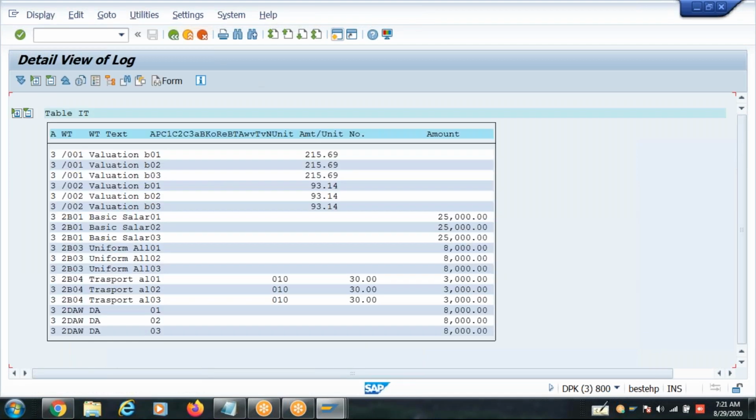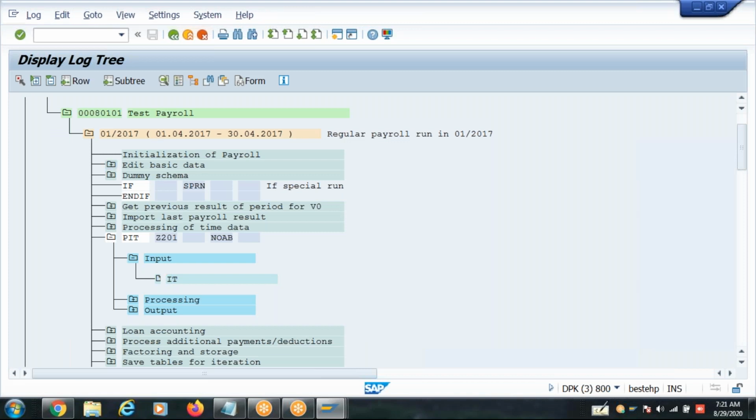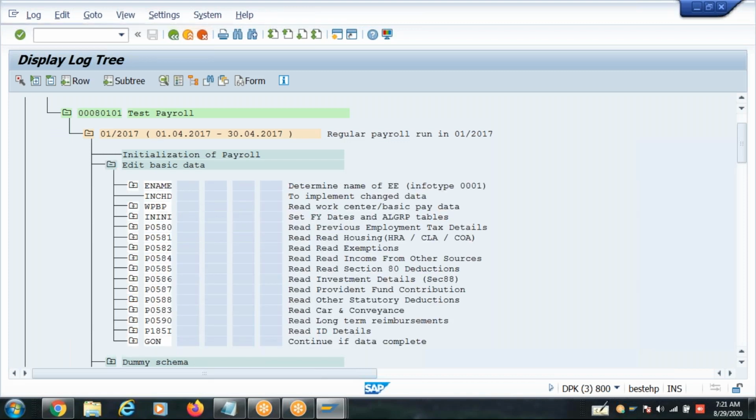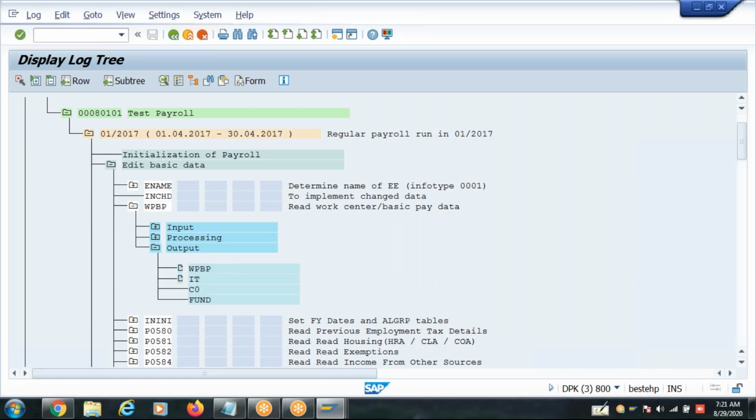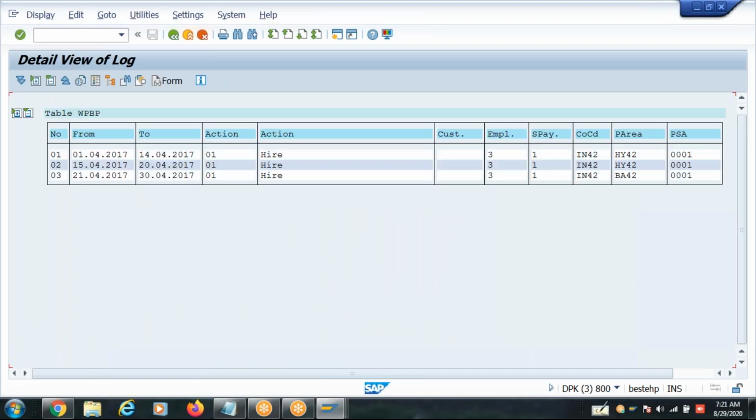Fine. How? One change is in input of 8, another change is in organization assignment. Okay, fine. There are three splits here.